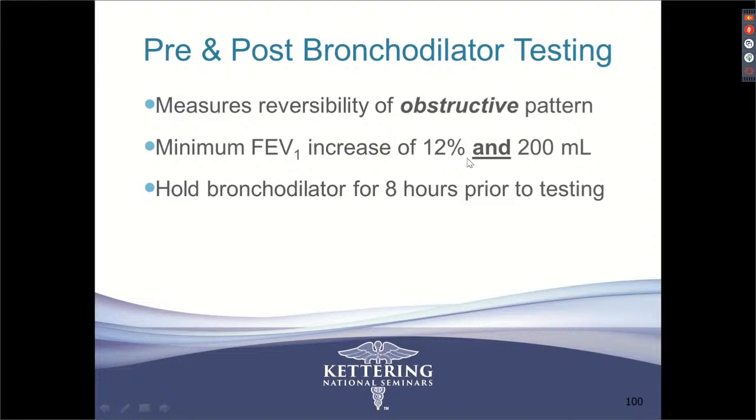So we've got to get at least 12% and 200 mils improvement in order to say the medicine's working. And then letter C, we need to hold all bronchodilator therapy for 8 hours prior to testing. And the bronchodilator we're going to use primarily is probably going to be albuterol, and we want to get 2.5 milligrams of that. Okay.